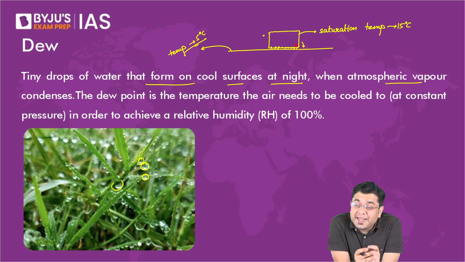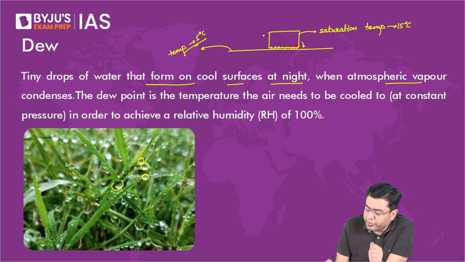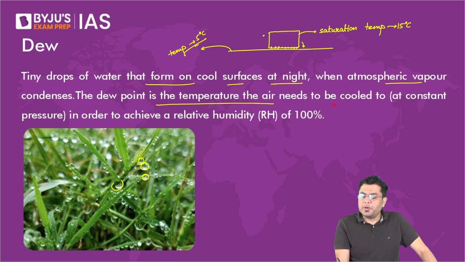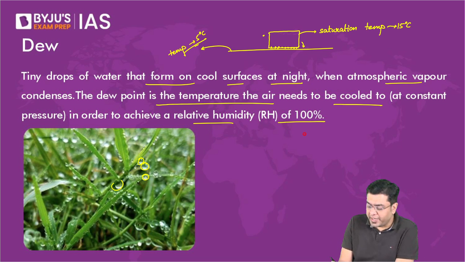Now, the temperature at which this saturation takes place is also referred to as the dew point or the dew point temperature. The dew point is the temperature to which the air needs to be cooled in order to achieve a relative humidity of 100%, or in order for the air to be saturated. So that is your dew point.